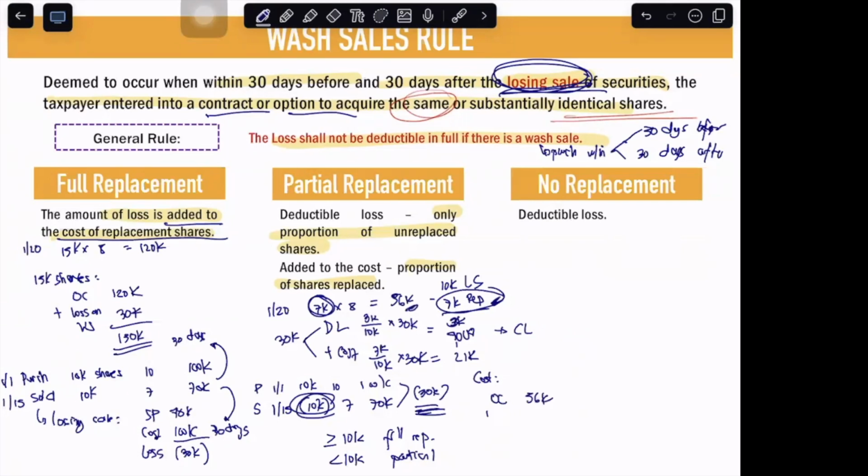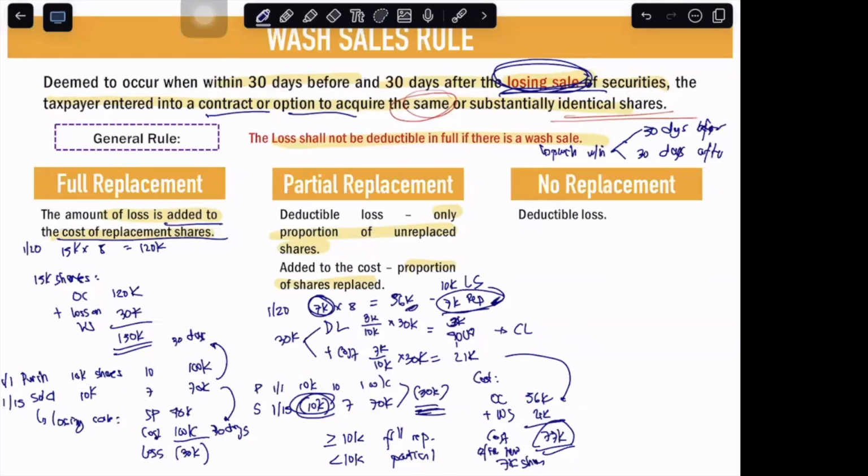And then we add the loss on wash sale amounting to 21,000. So the cost of the new 7,000 shares will now be 77,000. Right? 77,000.